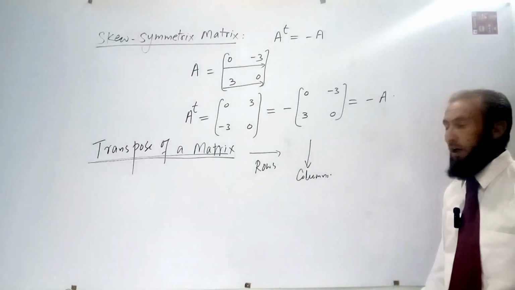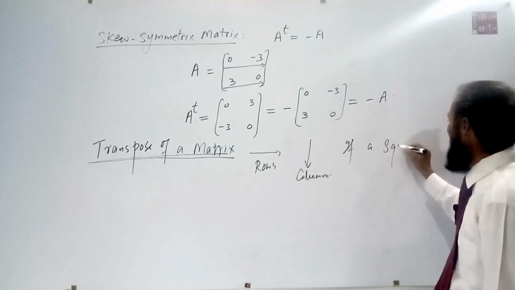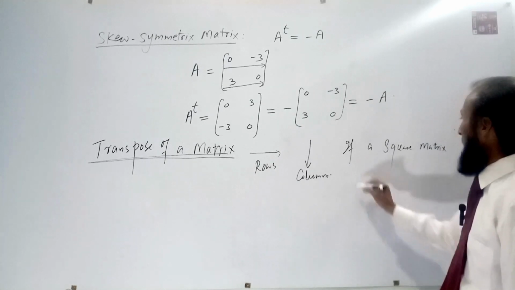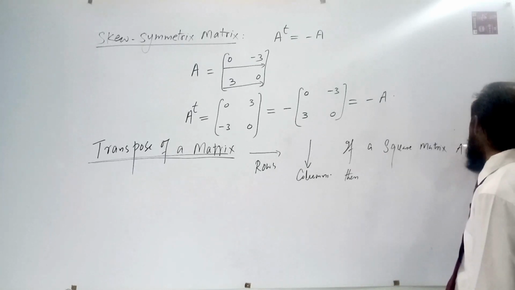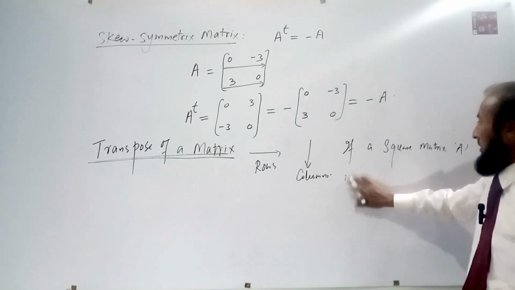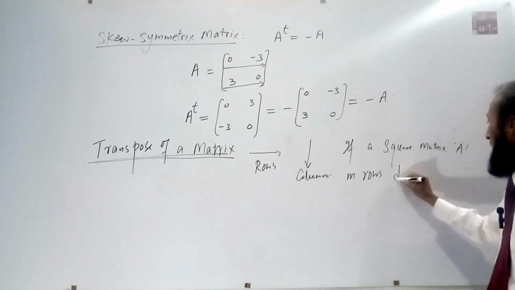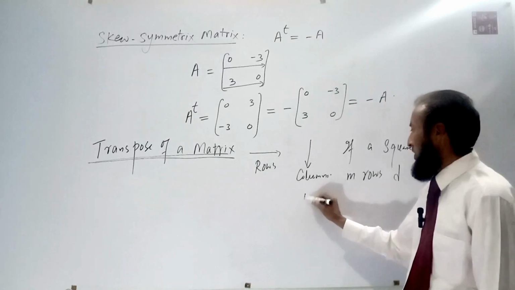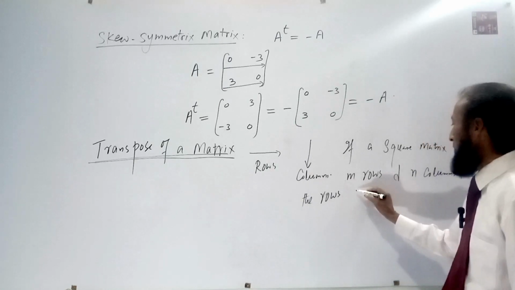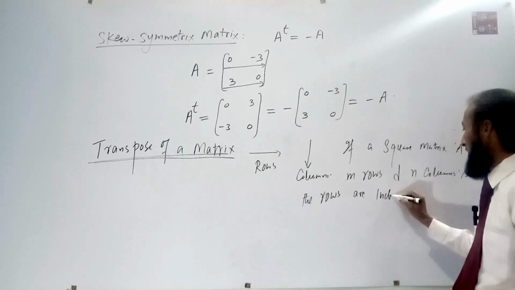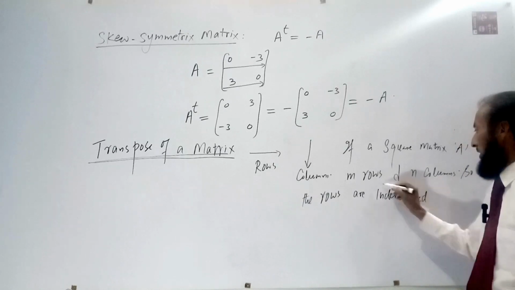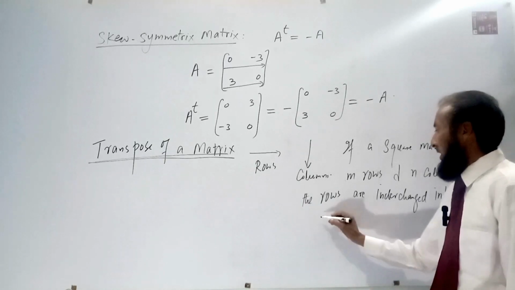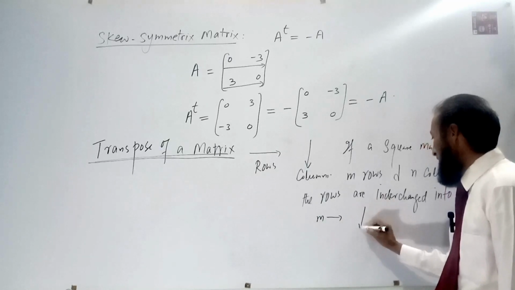By definition, if a matrix A has m rows and n columns, the rows are interchanged into columns, which means m rows interchange into n columns.